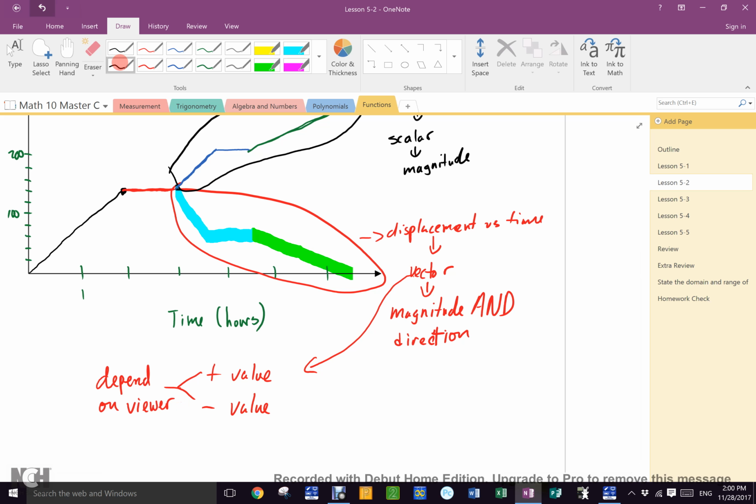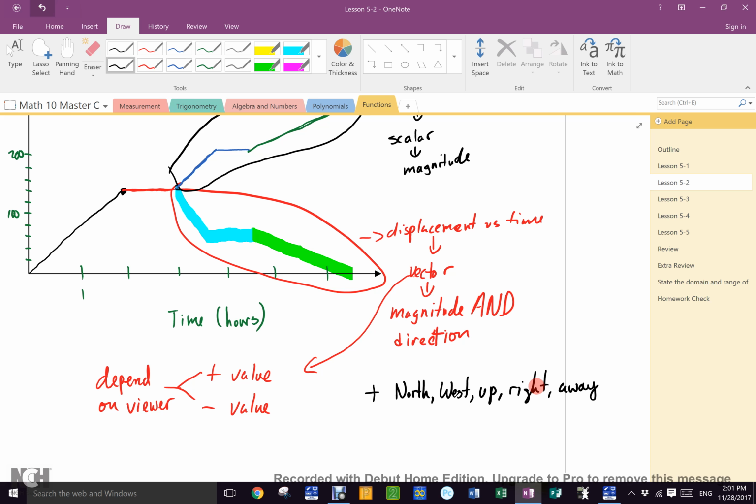But before I do so, I will be talking about positive and negative values. Math and science people have decided on the following. Positive values are north, west, up, right, or away. Now we've already said there's an infinite amount of words we can use there. Those are common ones. Everybody cool?